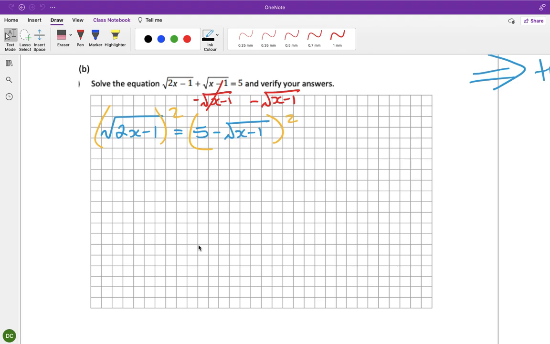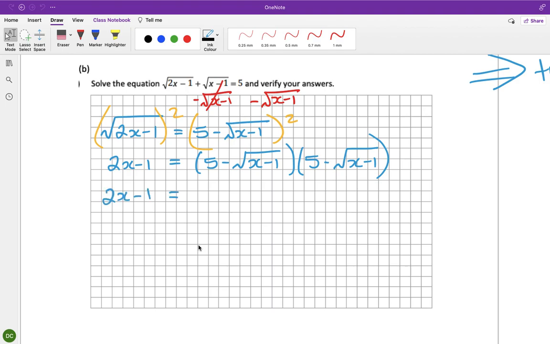So squaring the left, because it is just a square root squared, they just cancel, so I just have 2x minus 1. The right is a little bit more complicated because essentially I'm squaring it, so it's like a first term, second bracket.